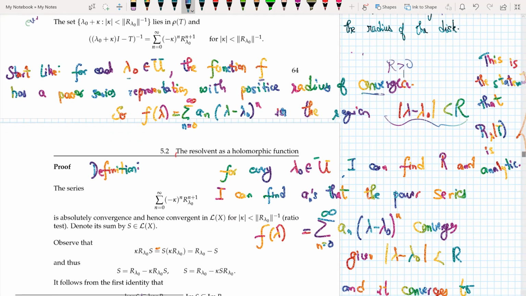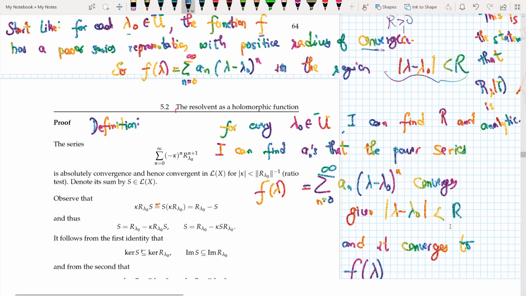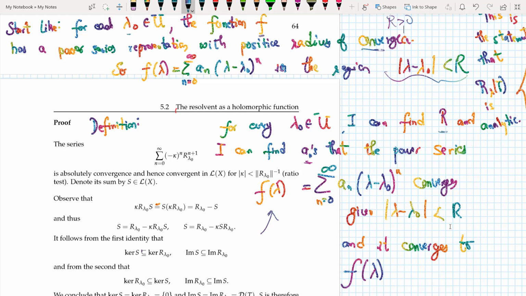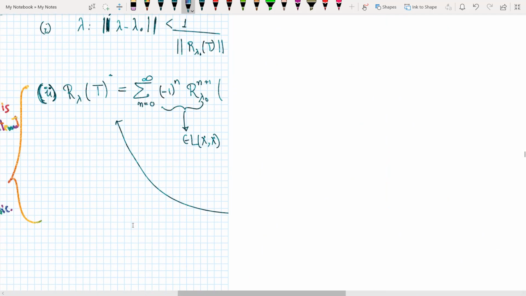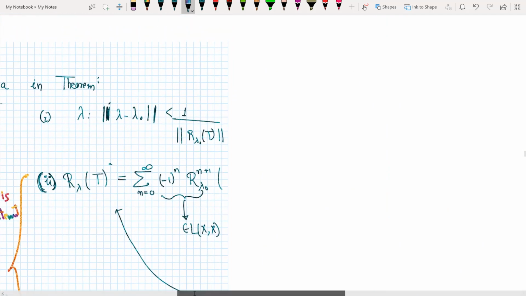To get the final gist of this, for every lambda naught belonging to U, I can find an r, and I can find a_n's such that this power series converges given that the absolute value of lambda minus lambda naught is less than r, and it converges to f lambda. So this is the idea behind what an analytic function is.